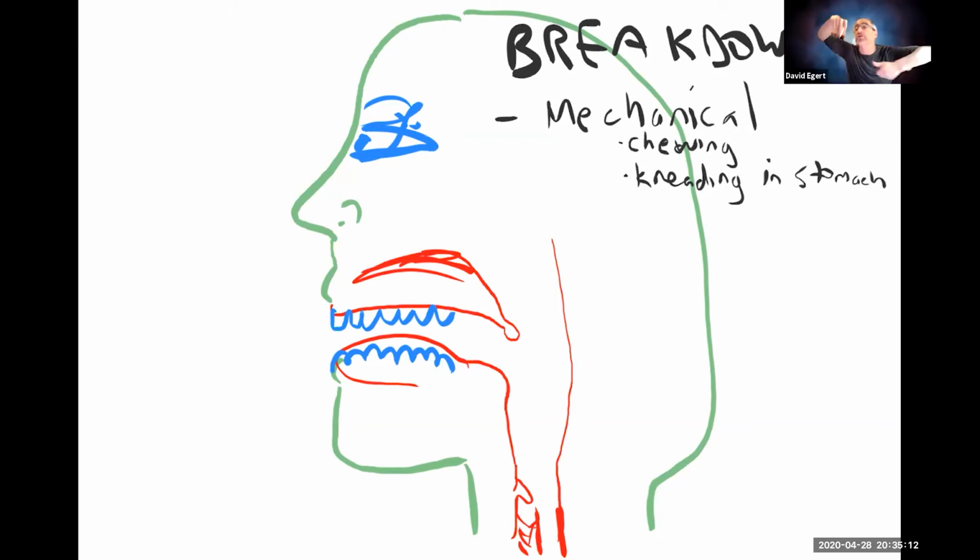It's going to get smushed into a paste by the muscles in the stomach, smushing it and smushing it. So mechanical breakdown is either chewing or kneading, but it's not taking you down to individual molecules yet. The other kind of breakdown is the chemical breakdown. And this is using enzymes.